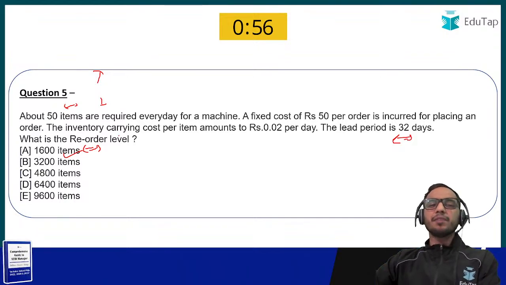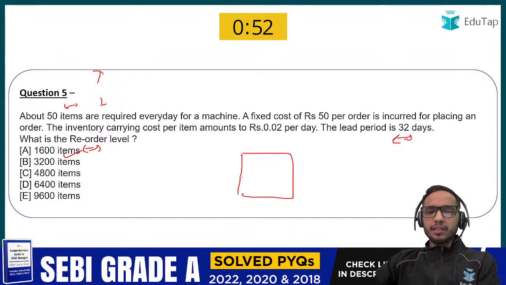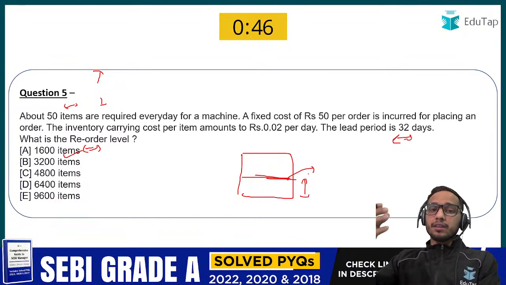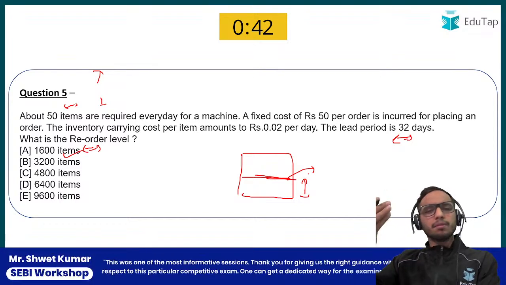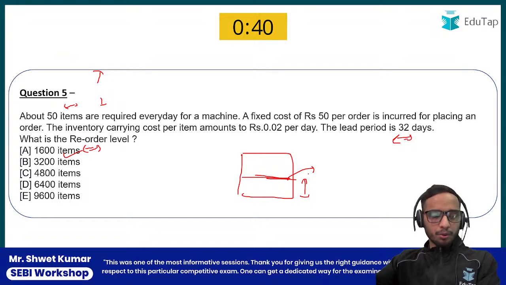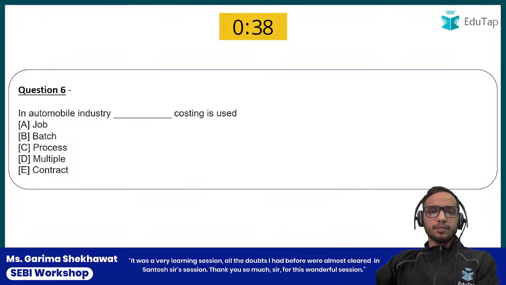Everyone is correct here because it is a very easy question. The reorder level is the quantity at which you have to refill your inventories: maximum consumption multiplied by maximum reorder period. So 1600 is the correct answer here.